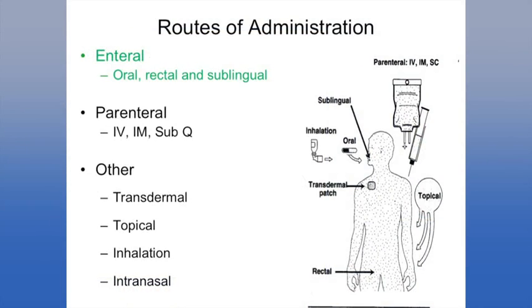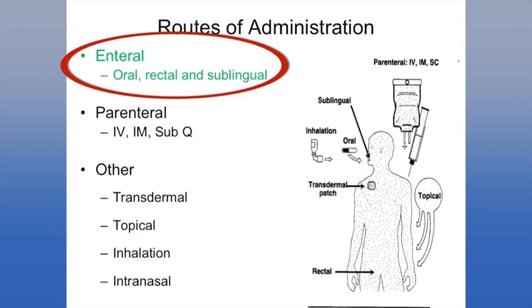So let's look at the picture to help us. So enteral includes everything that is going through this orifice, the mouth, in addition to per rectum, as in a suppository, and in the mouth but underneath the tongue. So enteral routes of administration include oral, PO, rectal, PR, and sublingual.